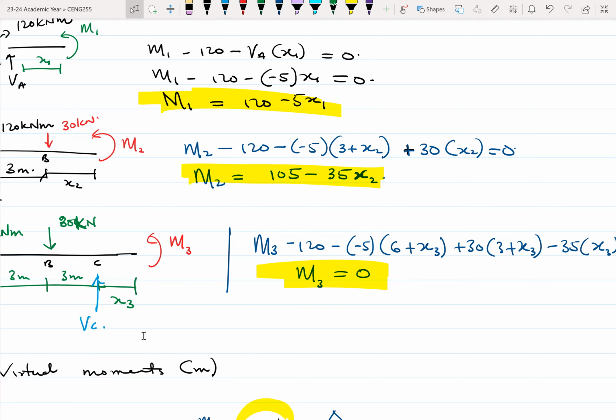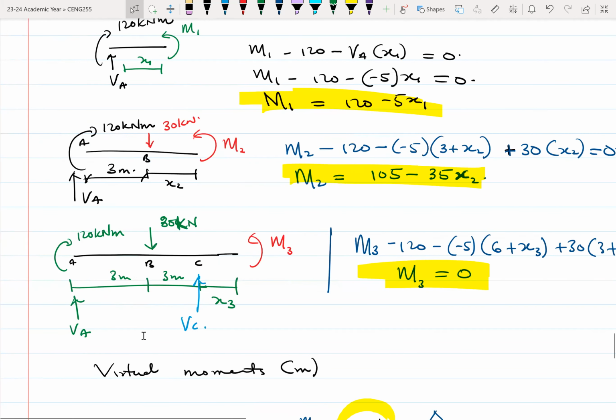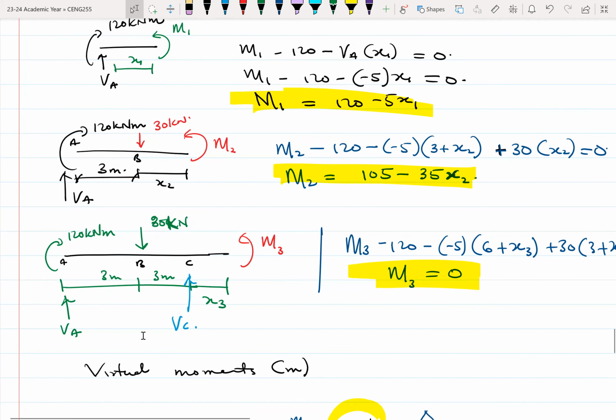I'm hoping my M2 is correct. It should be. So let me check if I have everything correct. M2 is counterclockwise, so this is different. This is a minus. Also this here should be minus. Okay, great. So that gives me what I want.